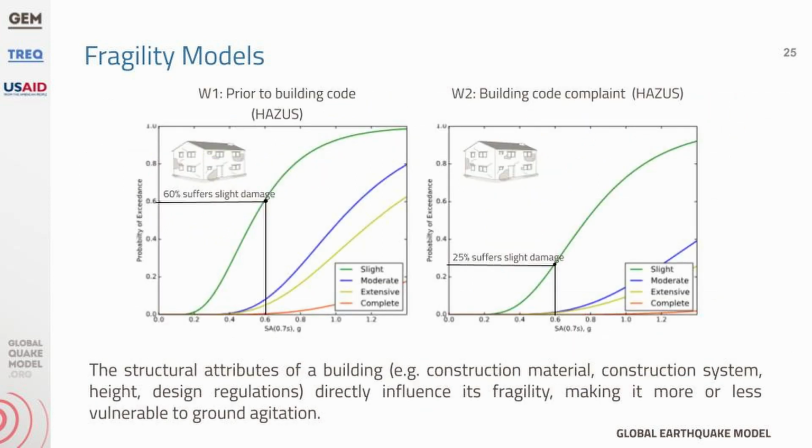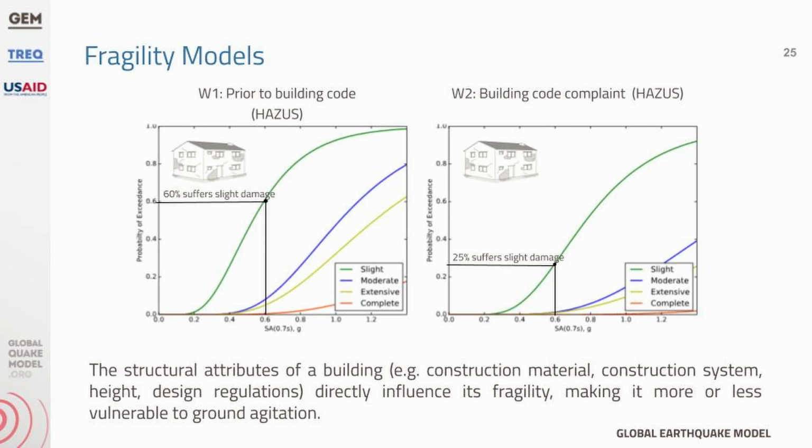The structural attributes of a building, such as the construction material, construction system, height, and design regulations, have a direct influence on its fragility, making it more or less resistant to ground shaking. For example, these two curves correspond to two-story wooden structures, with the difference that the left represents a house without any earthquake-resistant design provisions, while the one on the right represents a house designed and built following a seismic design regulation.